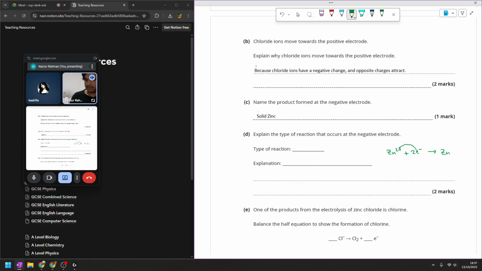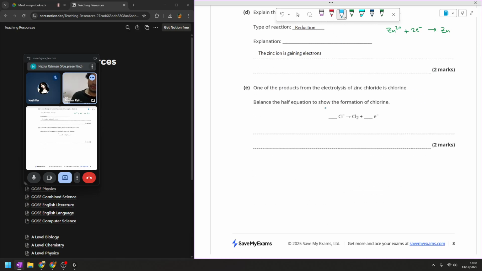So if I give those electrons back, it'll just go back to being the neutral metal atom. The type of reaction here is reduction. The explanation is that the zinc ion is gaining electrons. If you remember the mnemonic OIL RIG, oxidation is the loss of electrons and reduction is the gain of electrons. So in this case, because our reactant is gaining electrons, it's a reduction reaction.